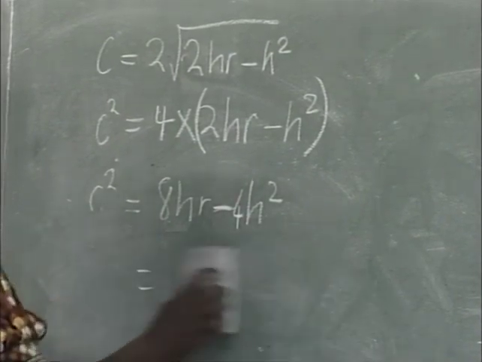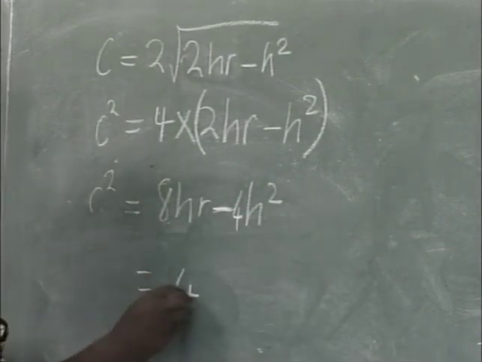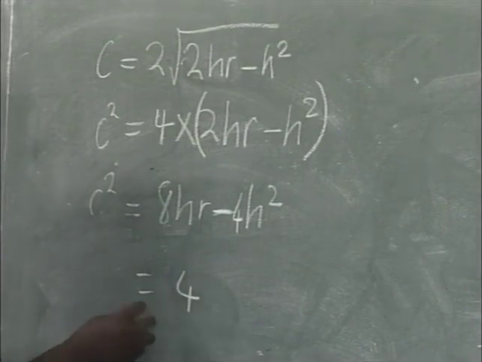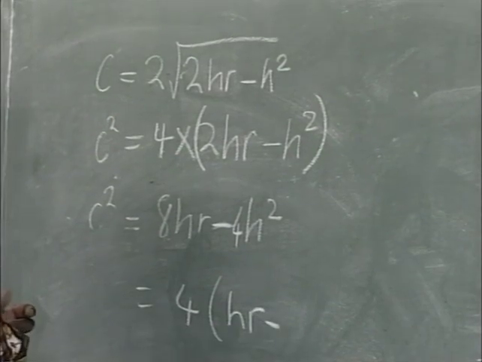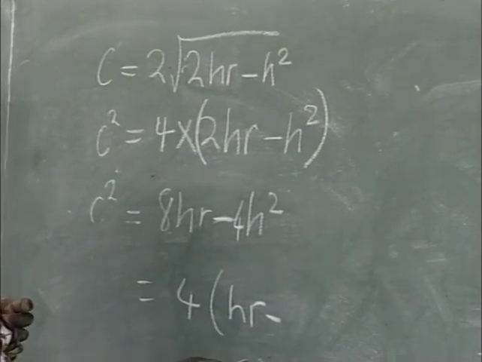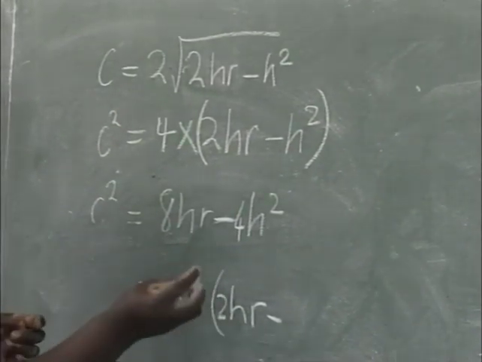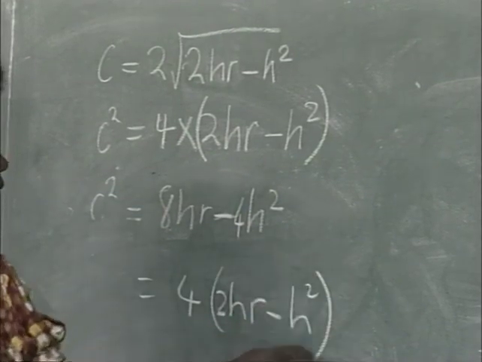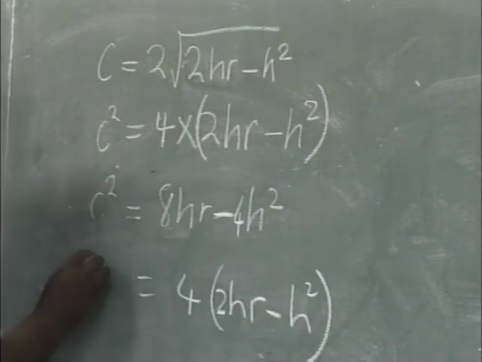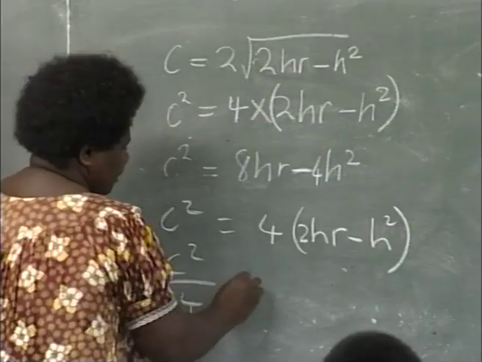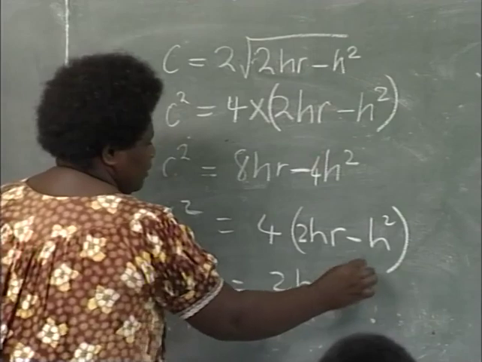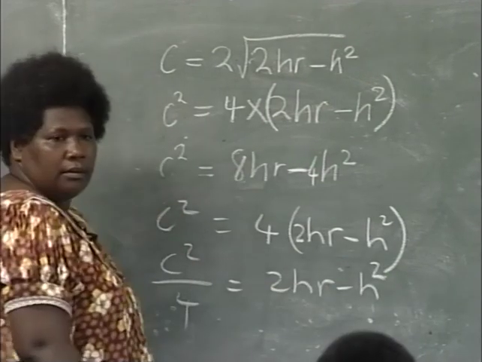No, we'll take out 4 only. 4 first. 4 times 2hr minus h squared. Okay, then we divide by 4. We will get c squared over 4 equals 2hr minus h squared.